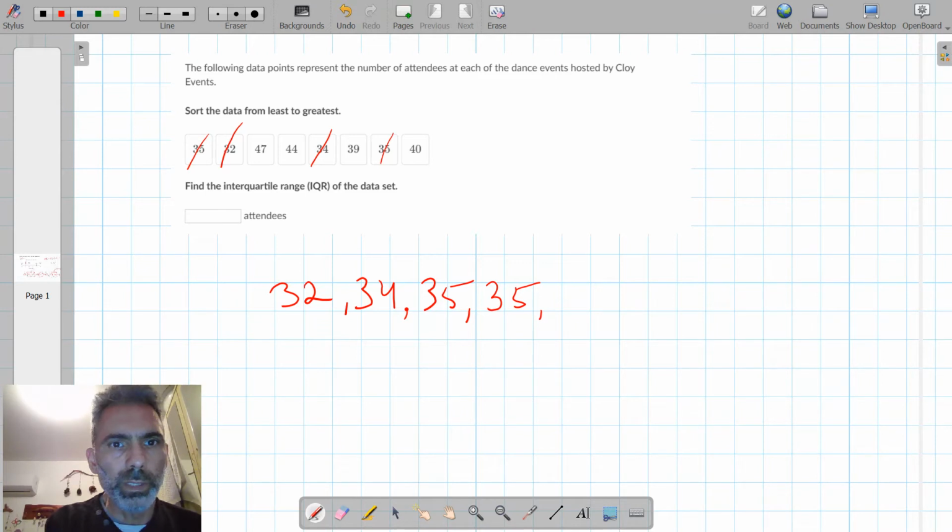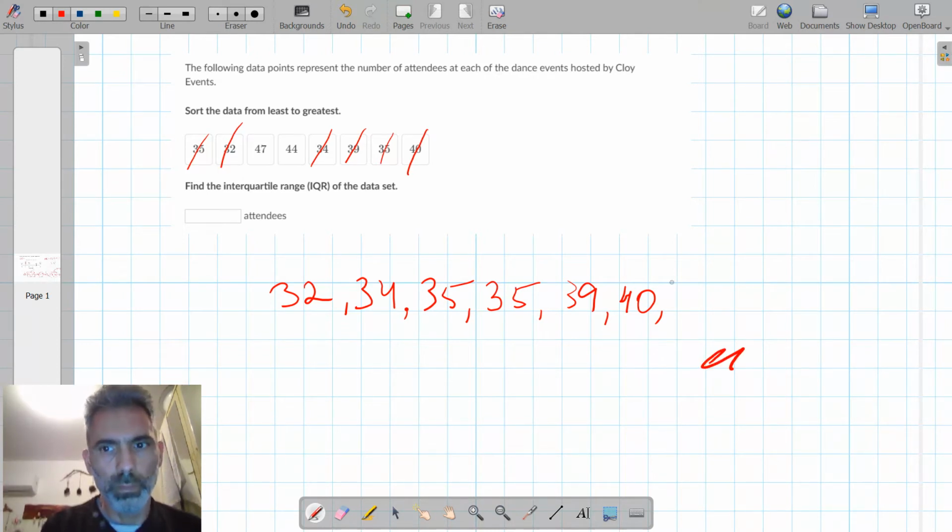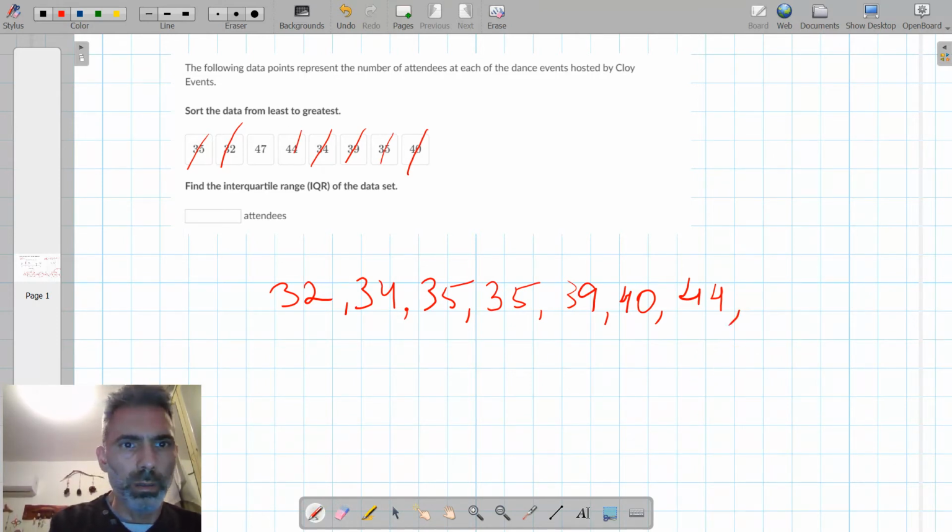We don't have 36, we don't have 37, 38, and we have 39. And now we have 40 and 44. 44 and 47.